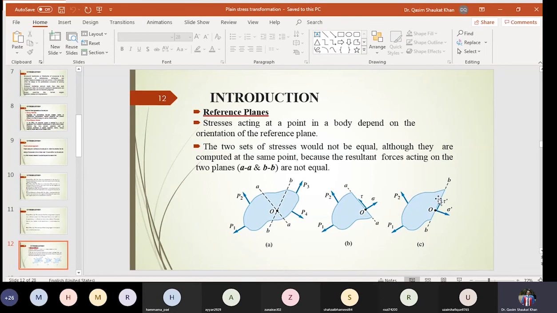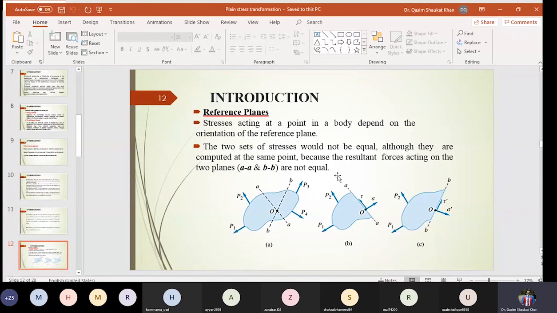Now, the important point to be noted here is that when you cut the element along two different reference planes, the normal and the shear stresses in these two cases will be different. So stresses acting at a point in a body depend on the orientation of the reference plane.